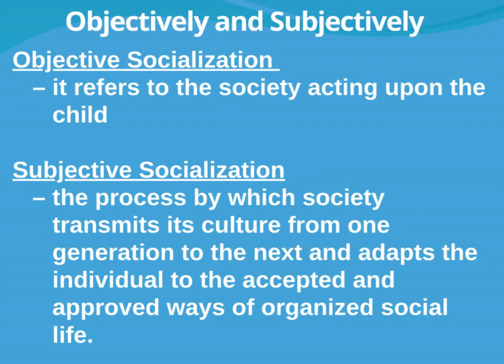Socialization is categorized into two, namely objective socialization and subjective socialization. Objective socialization refers to society acting upon the child, while subjective socialization is the process by which society transmits its culture from one generation to the next and adapts the individual to the accepted and approved ways of organized social life.